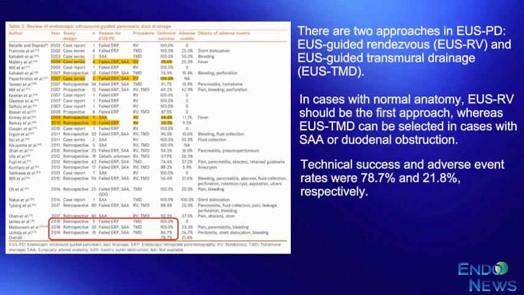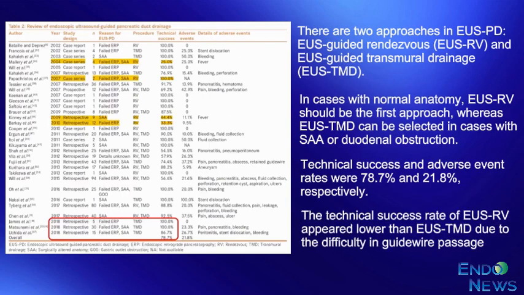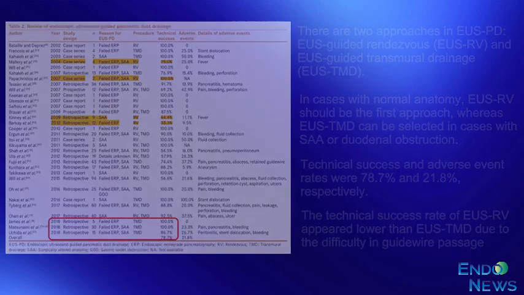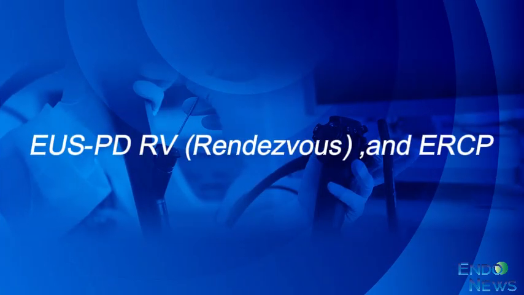The total technical success and adverse event rates were 78% and 21% respectively. The technical success rate of EUS-RV is about 40% lower than EUS-TMD.